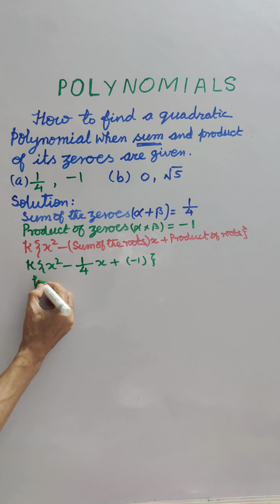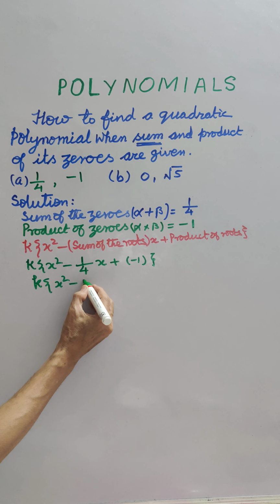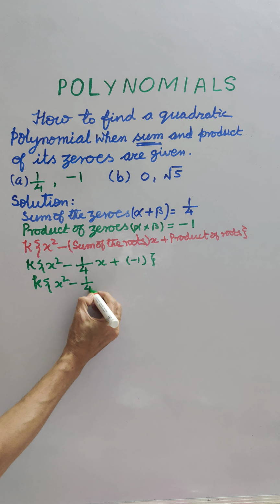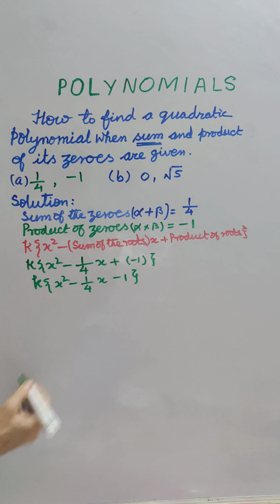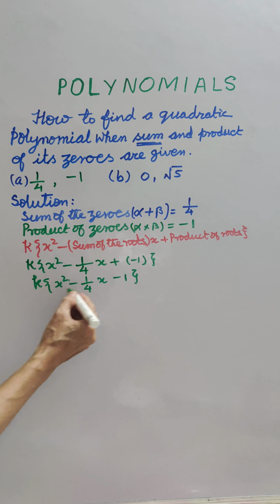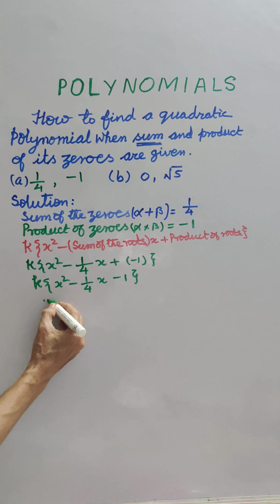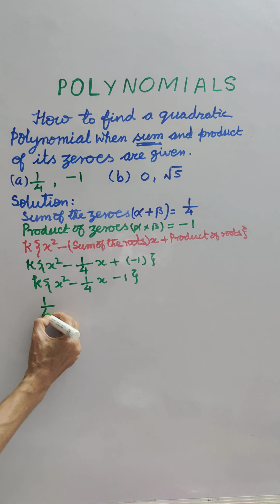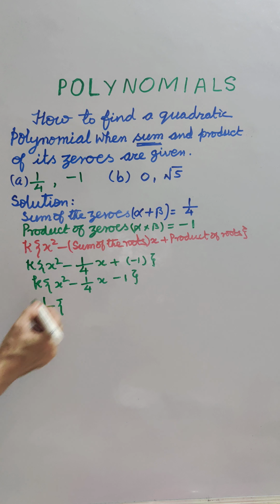When we solve this, it will become x square minus 1 upon 4 x minus 1. If we take 1 upon 4 common from the whole equation, instead of k, we shall write 1 upon 4. 1 upon 4 is taken as common.